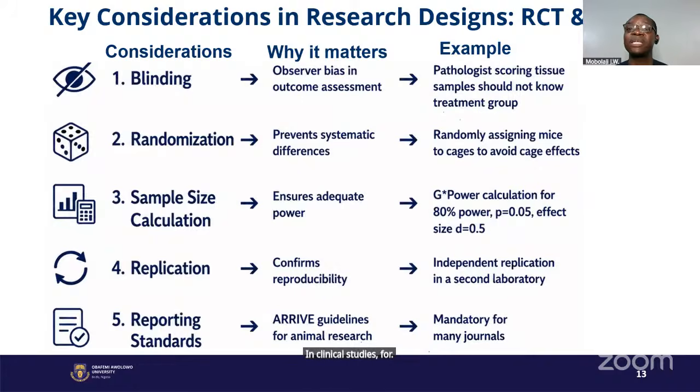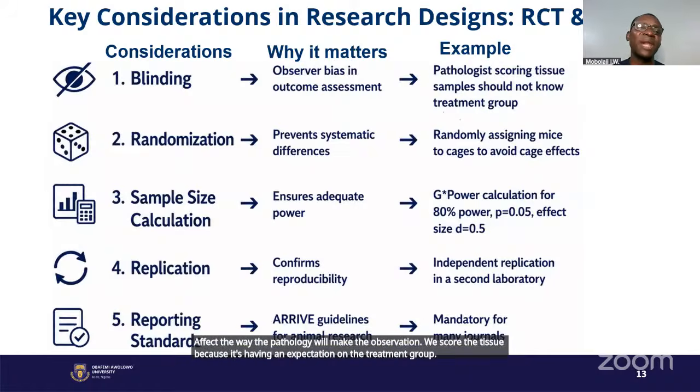For example, if a pathologist is scoring tissue samples, the pathologist should not know which one is the treatment group or which one is the control group, because having that knowledge could affect the way the pathologist scores the tissue, because of an expectation about the treatment group. So blinding is very important.